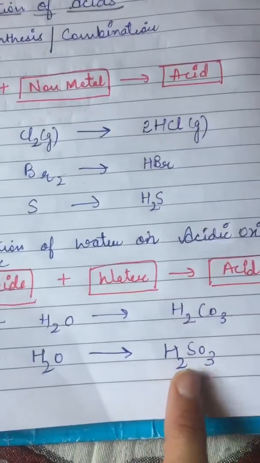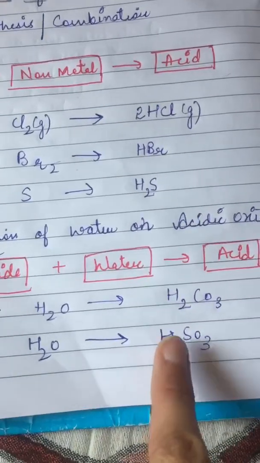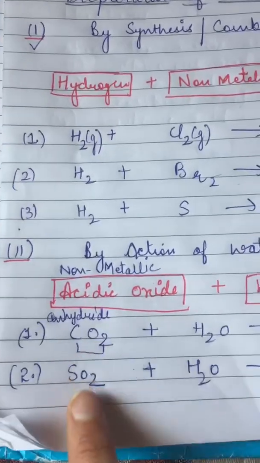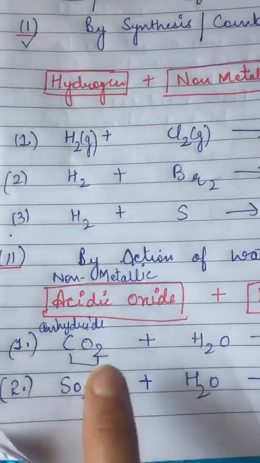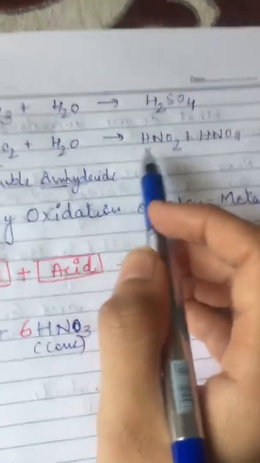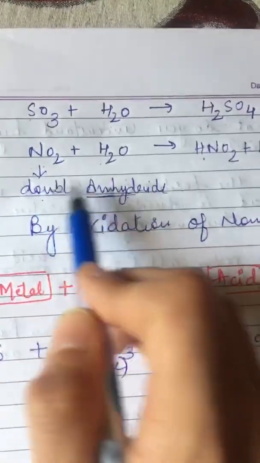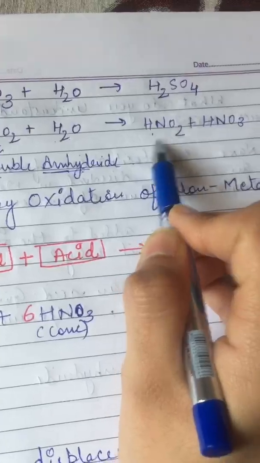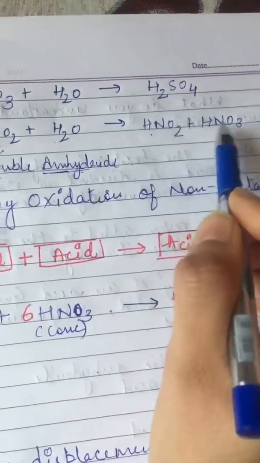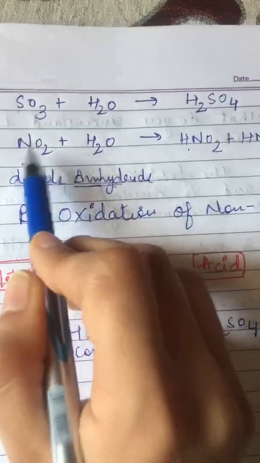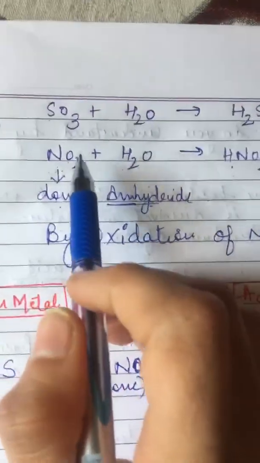Similarly, from H2SO3, remove H2O, leaving behind SO2. SO2 is the anhydride of H2SO3. Similarly, SO3 is the anhydride of H2SO4, and NO2 is a double anhydride. It will mix with water and form HNO2 and HNO3. When we remove water from them, it will form NO2. So NO2 is a double anhydride. Understand?